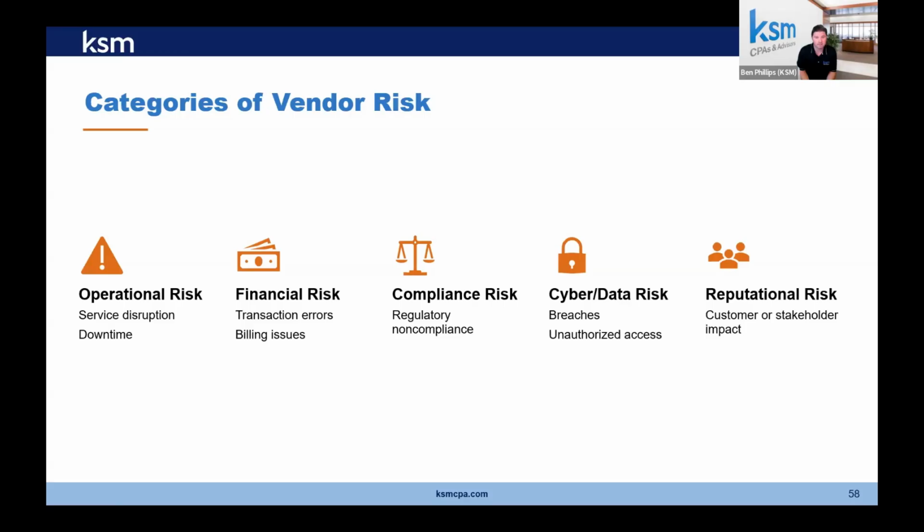Compliance risk often includes regulatory obligations, for example, privacy regulations, industry requirements, or contractual commitments that you've made. Cyber and data risk includes unauthorized access, breaches, ransomware, or weak security practices. And reputational risk reflects the reality that customers often associate vendor failures directly with your organization.